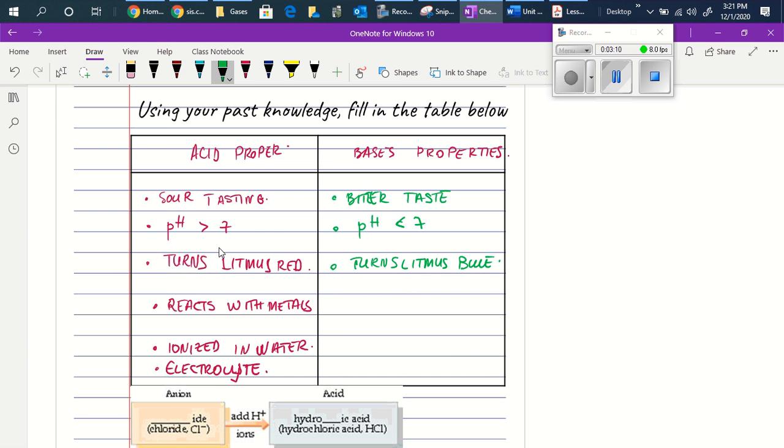They do not react with metals. They dissociate in water. And they are electrolytes as well.